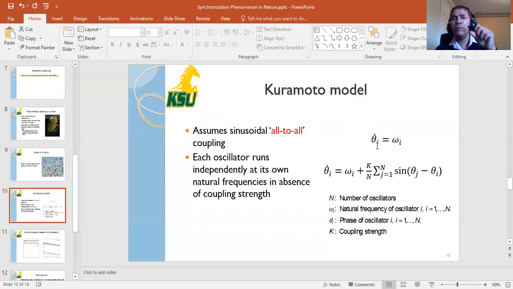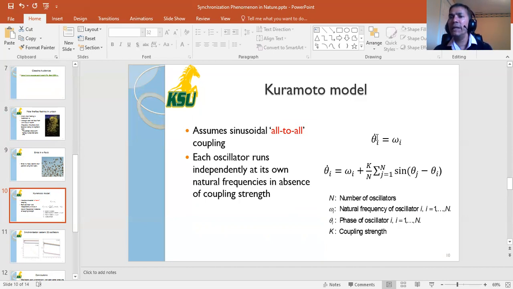Theta is the phase; if you are not aware of the word phase, then just consider angle. For a pendulum-like thing we can use the word angle, but for fireflies, what's the meaning of angle?